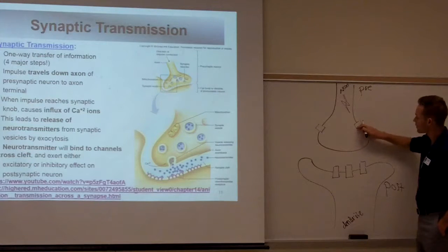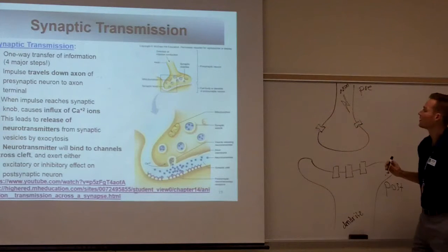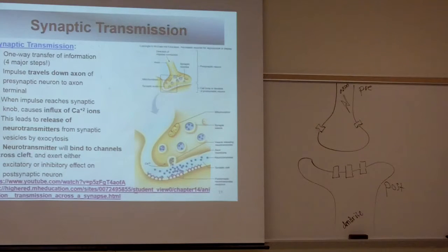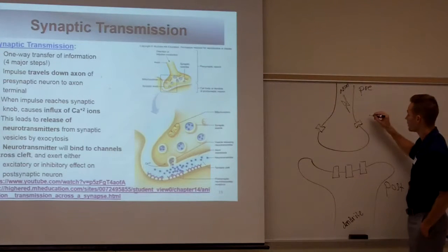There are these tiny little channels on the neuron. They're a little bit different. And these channels are going to introduce calcium into the presynaptic neuron.